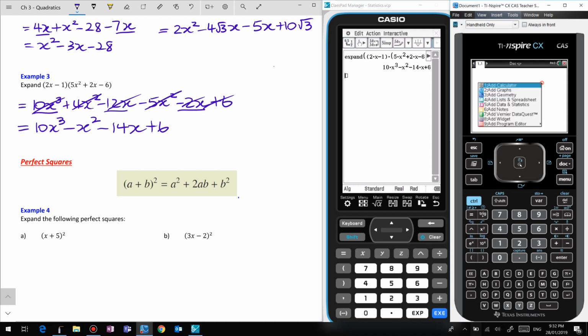With this calculator, the CAS CX, we click add calculator. Now it's a bit different. We want to do the expand first.